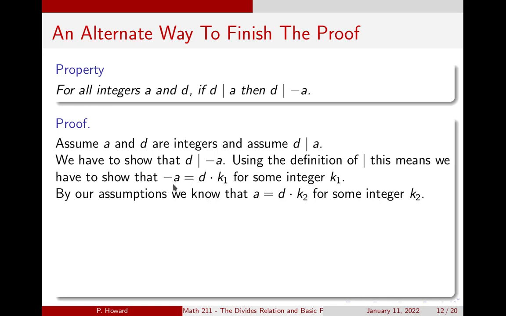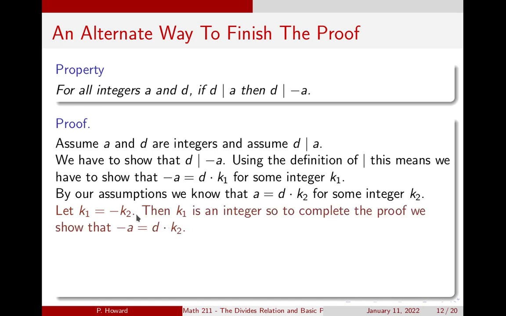And now we have to argue that minus a is d times k1 for some integer k1. In this version, we're going to start by saying what k1 is. The k1 that works is going to be the negative of k2. Let k1 equal minus k2. Then k1 is an integer, so to complete the proof, all we have to show is that minus a is d times k2.